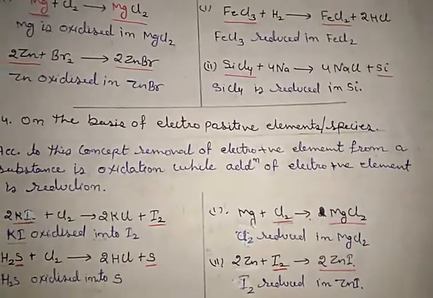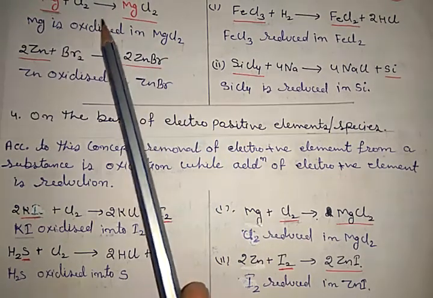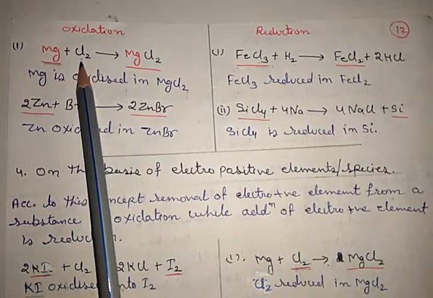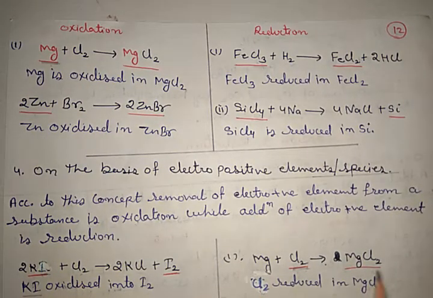Now, because these are very complex things, too much mixing, let us consider one thing again. Here I used this reaction in oxidation, but here I am using this as reduction.